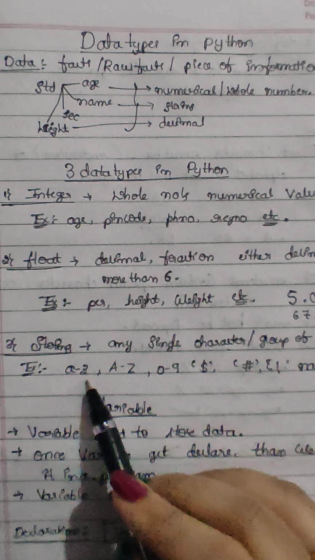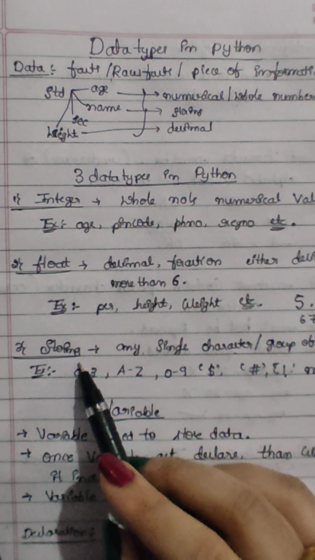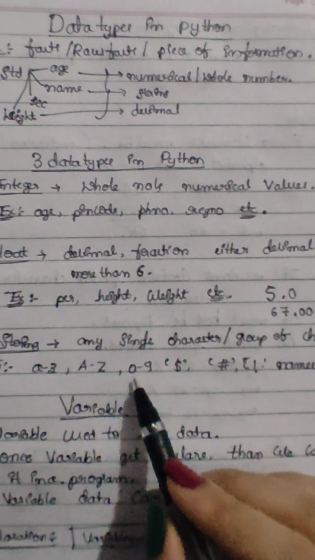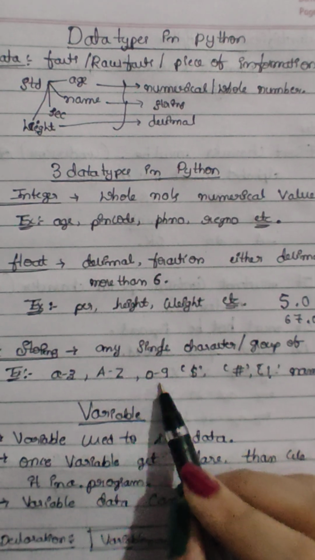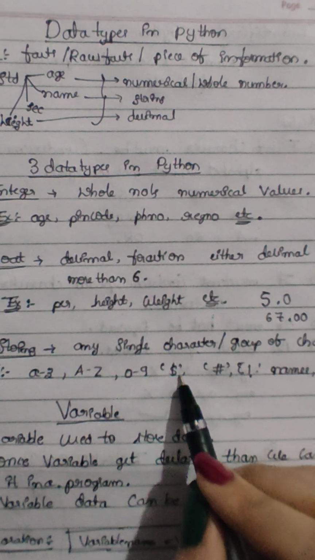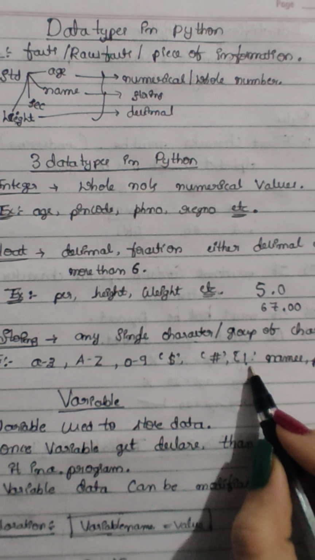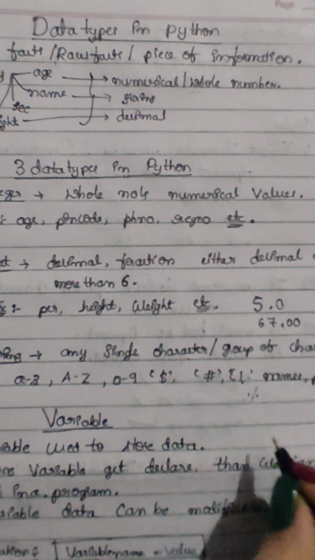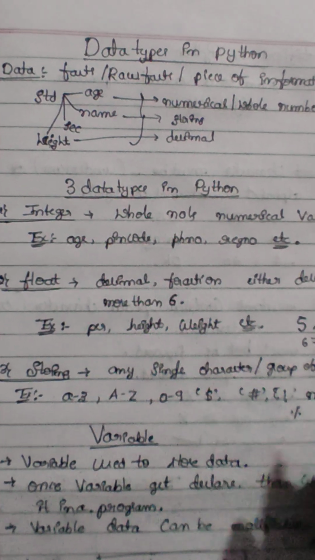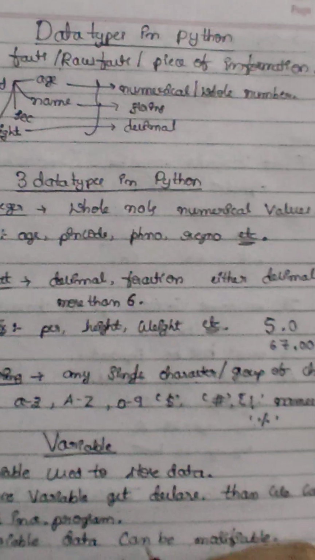Here, for example, A to Z small case alphabets can be stored in a string, and A to Z upper case alphabets we can also store in a string. Numbers 0 to 9, 0, 1, 2, 3, 4, 5, 6, 7, 8, 9, we can call a string, and special characters like dollar symbol, hash, not operator, and modulus we can store in a string, but we have to give these types of special characters in single quotes.